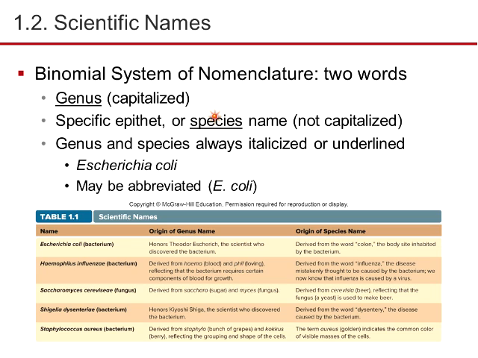The genus is capitalized, and the species is not capitalized. Genus and species are always italicized or underlined, like E. coli, Escherichia coli. E is capitalized, coli is not. They can be abbreviated with E period coli. You can see the different techniques we use, the origin of the species, to walk through the scientific names.